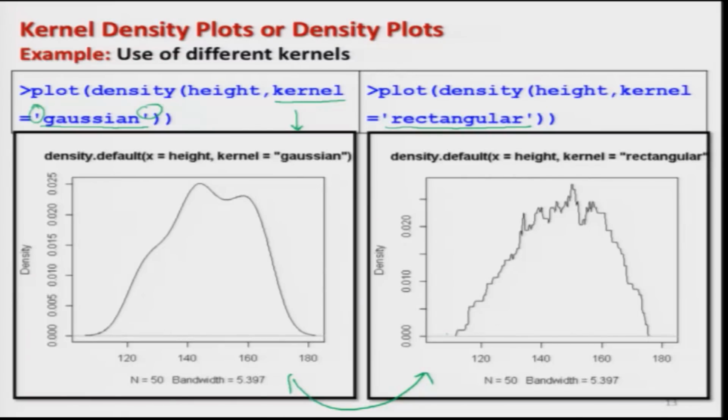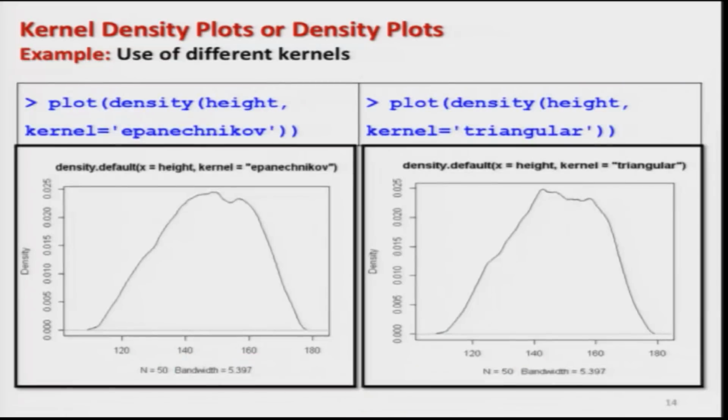So, now you are the one who has to decide which of the kernels is going to give you the better representation of the data, and you can notice that the bandwidth in both cases is the same, 5.397. And if you want to change the bandwidth and the choice of kernel both together, then you use the parameter adjust as well as the kernel choice.